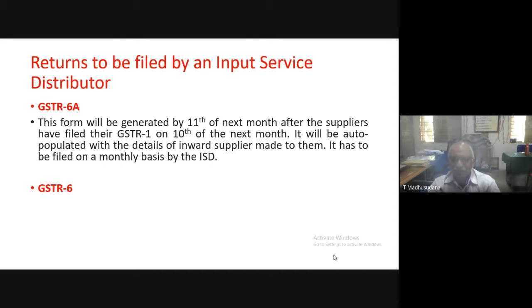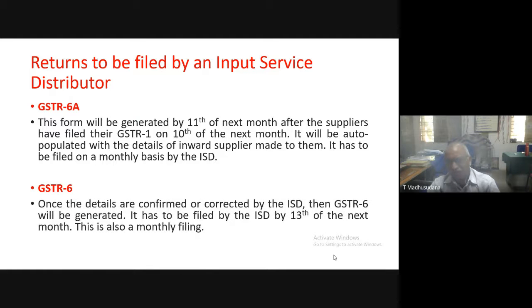Next, GSTR 6. The input service distributors should also submit GSTR 6. Once the details in GSTR 6A are confirmed or corrected by the ISD, then GSTR 6 will be generated.